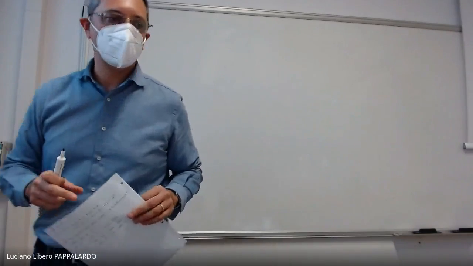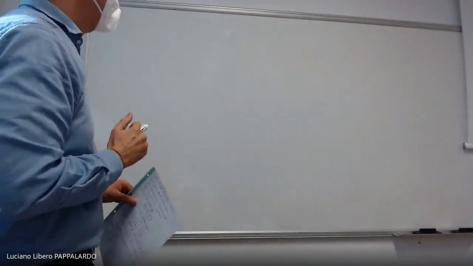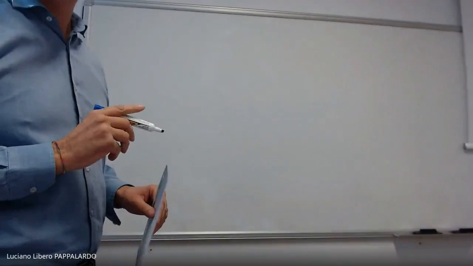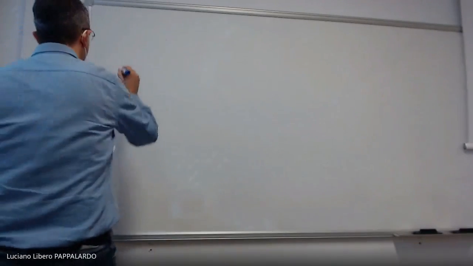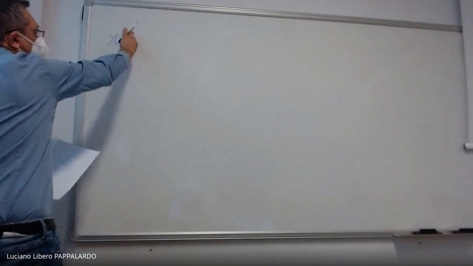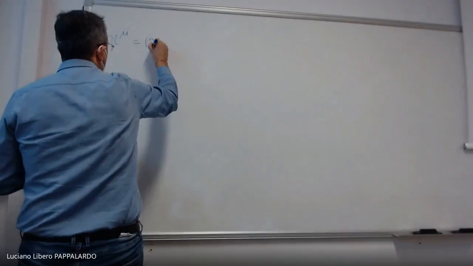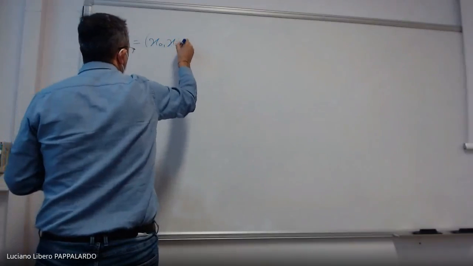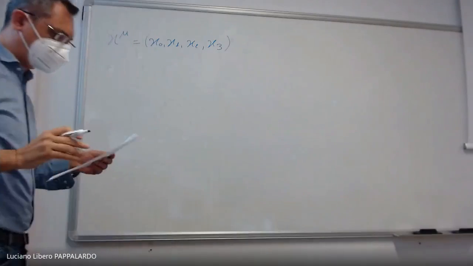So let's continue for the moment on the blackboard. Okay, the theory. So we are now back on the theory. We introduced already the 4 vectors. But there are actually 2 kinds of 4 vectors, as you know. So those that are denoted in this way with the index above, which are of the type x0, x1, x2, x3.